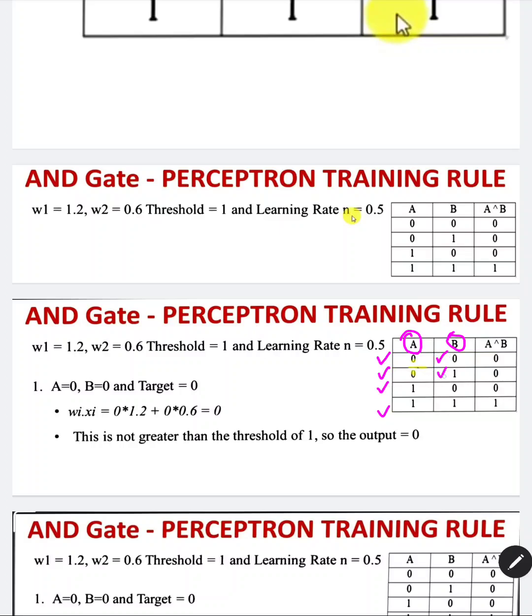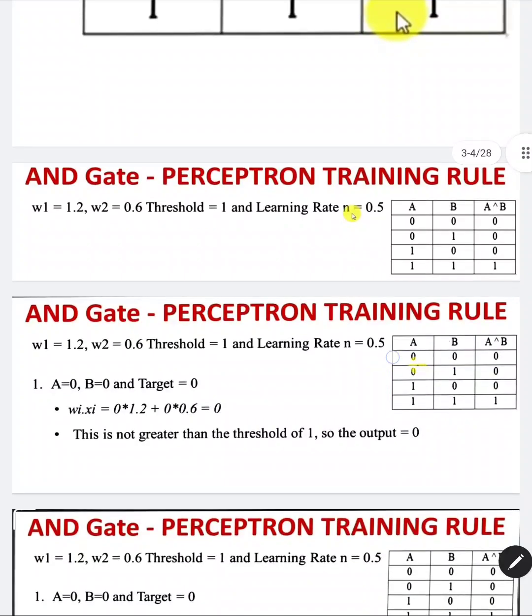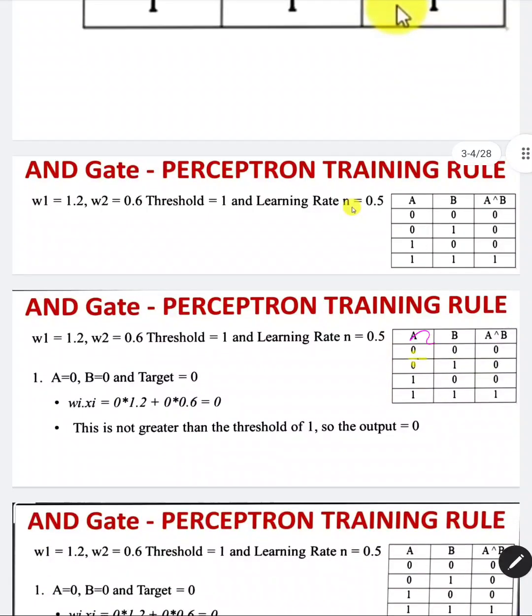For B we have these inputs, and for all of these values of A the weight to be taken is 1.2, and for all of these values of B the weight to be taken is 0.6. Line by line we will keep applying these weight values for the first training sample, then the second, then the third, and then the fourth.